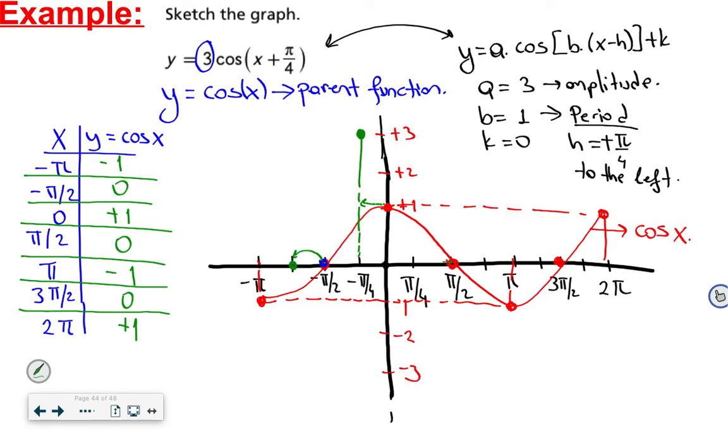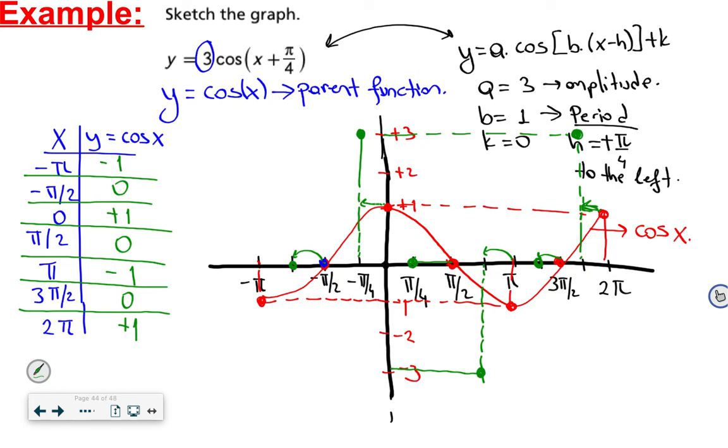This function is going to move pi over 4 to the left. 0 times 3, then this is going to be 0 as well. So this point is going to shift pi over 4, and the amplitude is going to be 3. This point is going to move to the left, and this is going to be 0. The last one is going to be shifted pi over 4 left, and your number is going to be 3 because your amplitude is 3. Now let's connect them.